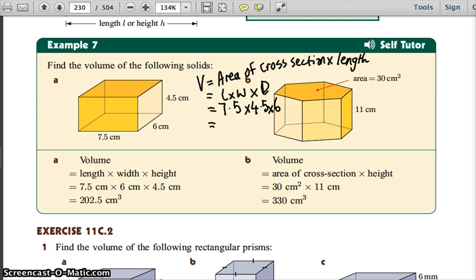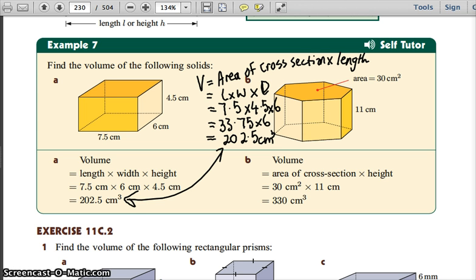Kayla, what's 7.5 times 4.5, please? 33.75. Times that by 6. 202.5. And so what you'll find, like I've said a lot of the year, there is more than one way of doing mathematical problems, and you still get the same answer.